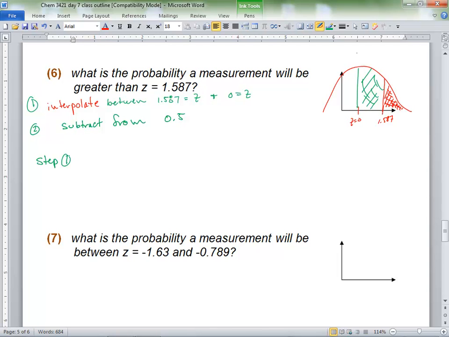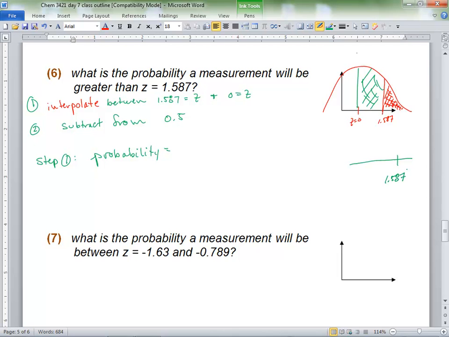So our probability, area of the, oh, let's make a little sketch. I think life is easier if you make a little sketch. I've got 1.587.